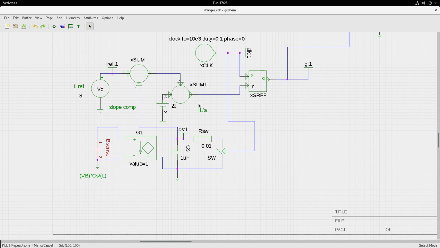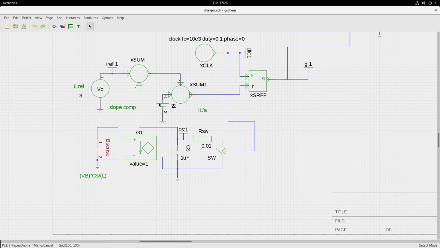Every time the clock gives a pulse, it will also reset the switch, short circuiting the capacitor and discharging it. So you will get a sawtooth waveform. This sawtooth waveform subtracts from the reference waveform, and that is what is given as the slope compensated reference.